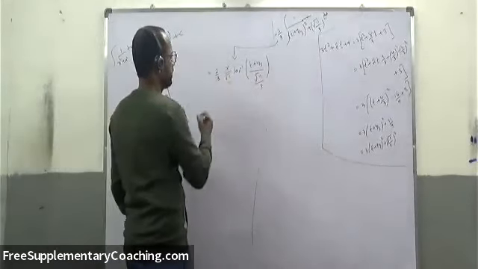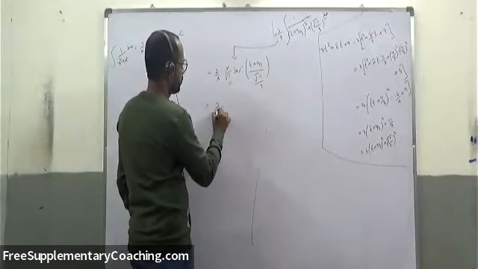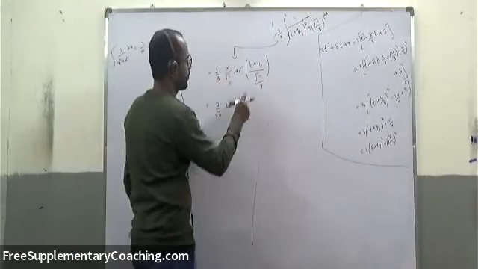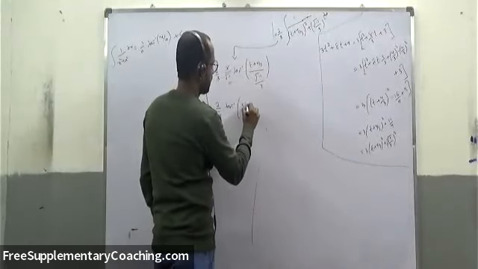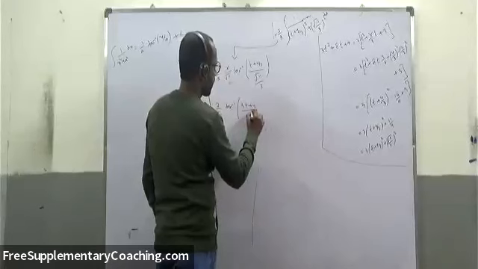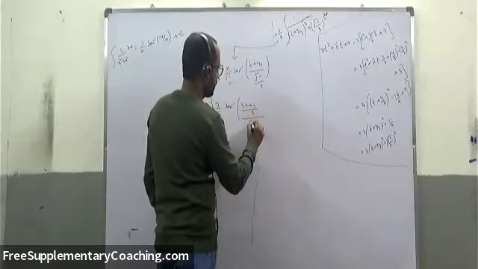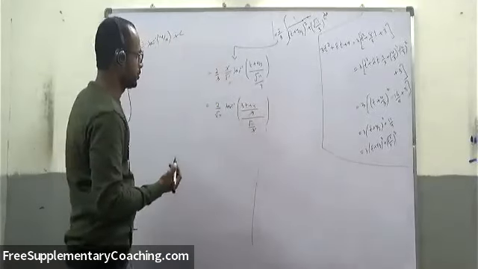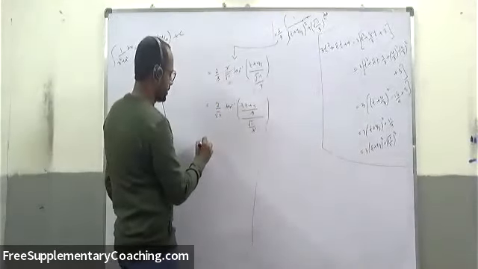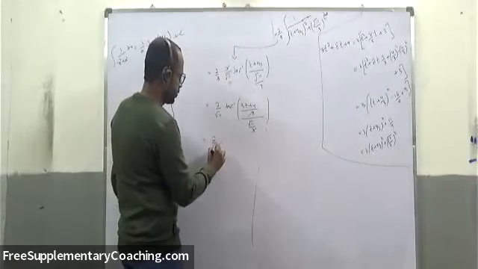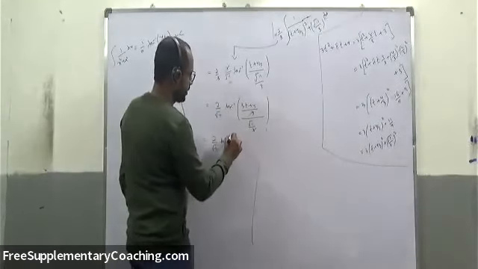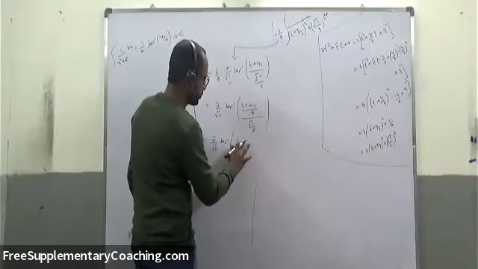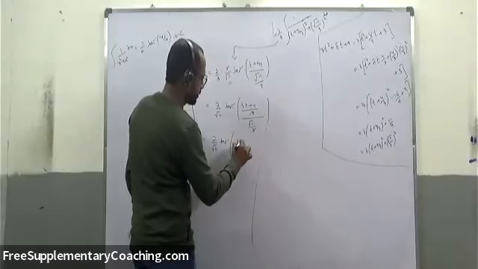So 3 gets cancelled. You will get 2 by root 11 tan inverse of 3 into t, 3t plus 4 by 3 divided by root 11 by 3. 3 gets cancelled. So on the place of t, what can we write? 2 by root 11 tan inverse of 3t plus 4. Oh, sorry. On the place of t, we can write tan x by 2.